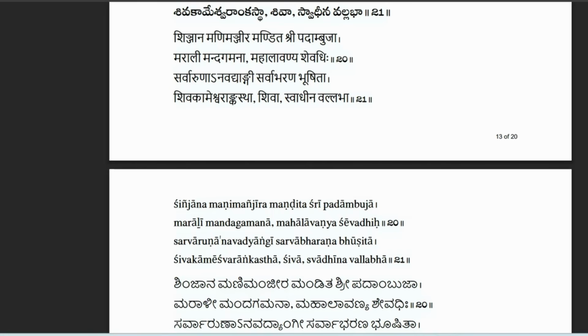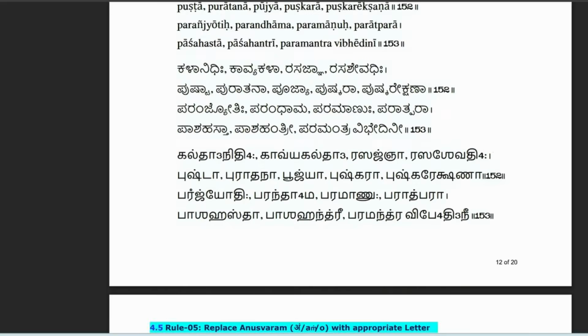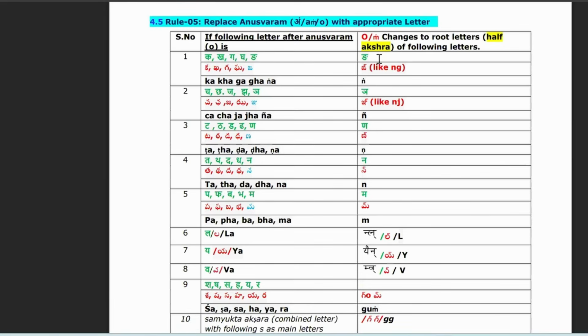Anuswara changes based on the letter that follows it. So here, what is the letter followed by Anuswara? It is K. And if you go to the table, K is number 1. It changes to ng sound. So it is not Shiva Kameshwaram Kastha, it is Shiva Kameshwarang Kastha.